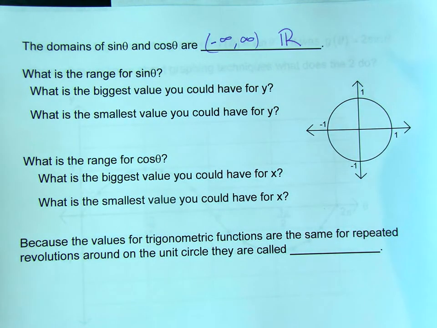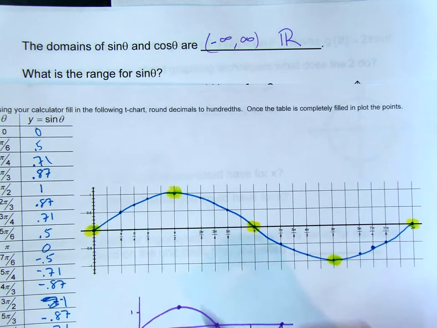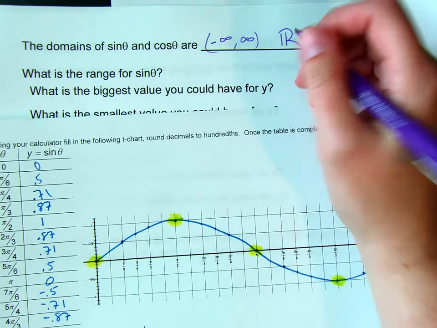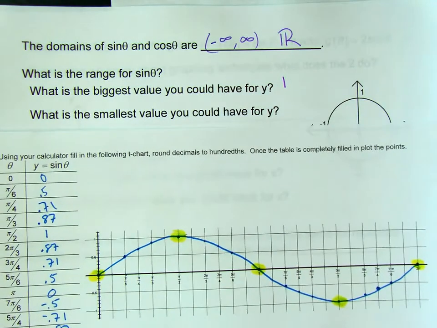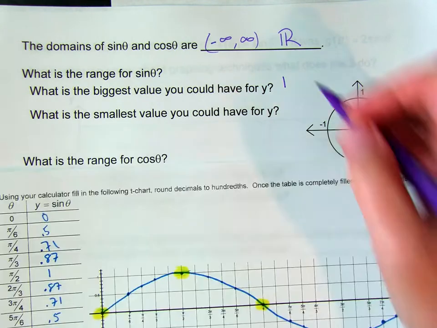Okay. We want to think about the range for sine theta. What is the biggest y value that you can have for sine theta? If I'm looking at the graph, the highest that I go is 1. My next question is, what's the smallest value you could have for sine? Negative 1.